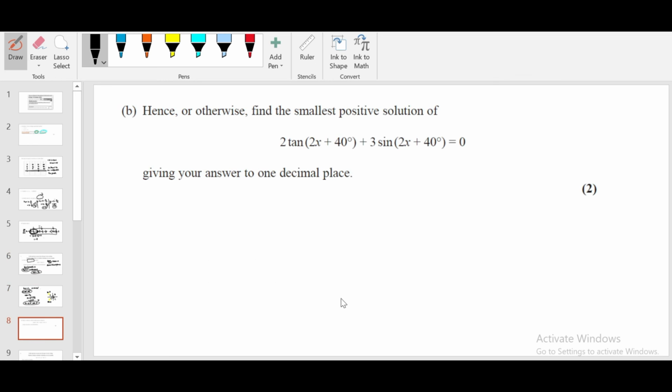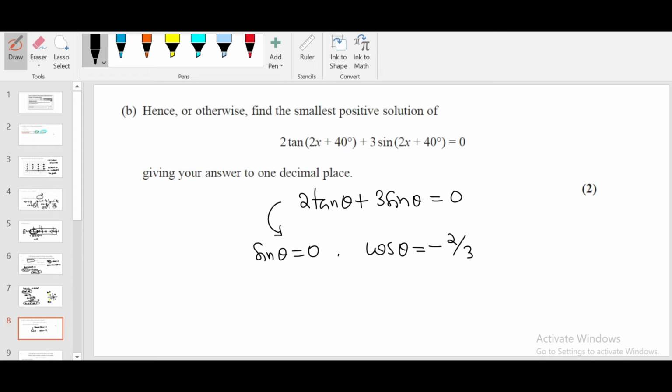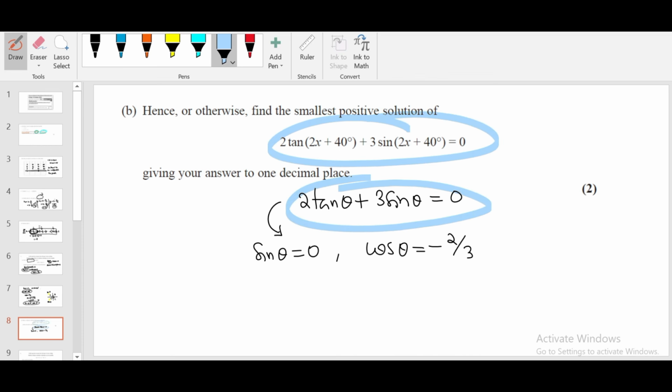The next part of the question says, hence or otherwise, find the smallest positive solution of this. If you compare this with the equation from part A, we got sin theta is equal to 0, and cos theta is minus 2 over 3, right? Now if you compare these two equations, you have 2x plus 40 in the place of theta.